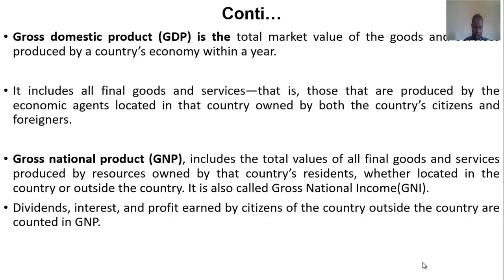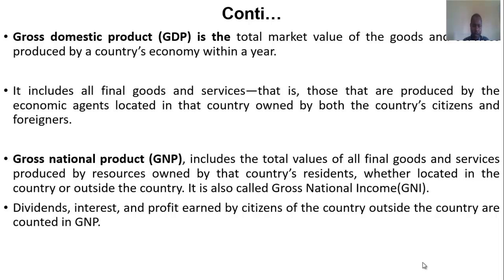The trick here is that in the case of gross domestic product, I took the example of Ethiopia, and I've said all the final goods and services located within Ethiopia, regardless of citizenship, would be included in the calculation of gross domestic product of Ethiopia.